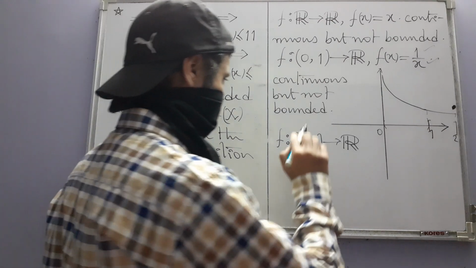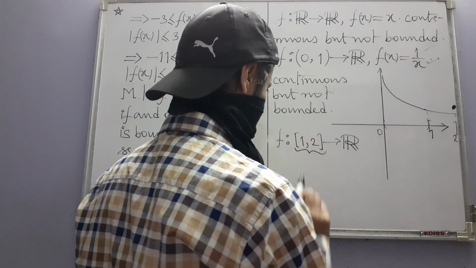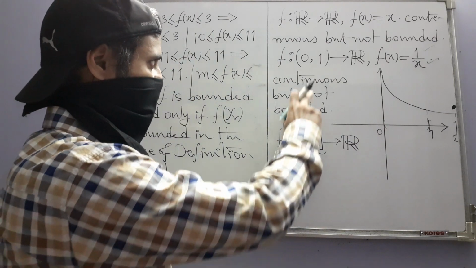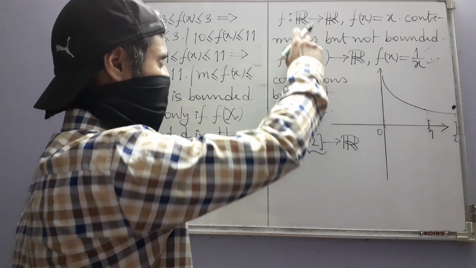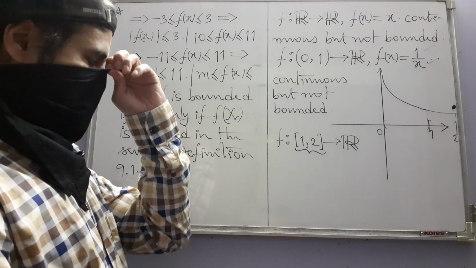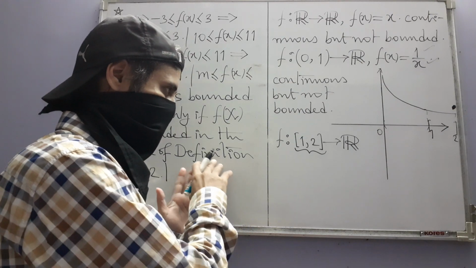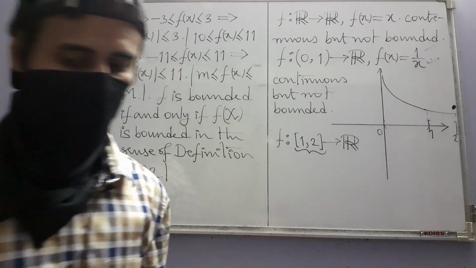So is there any special role that is being played by the closed interval? This closedness is not there in this or R. Yes, and that is what the next result is about.